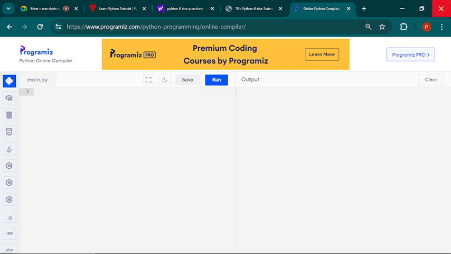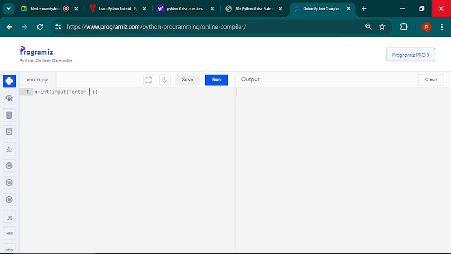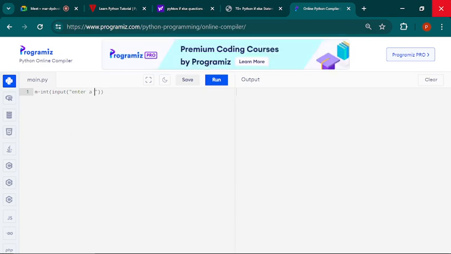So let us take the number as n equals int, integer number, you have to input. Suppose we have written this. Now it will take input as a number.